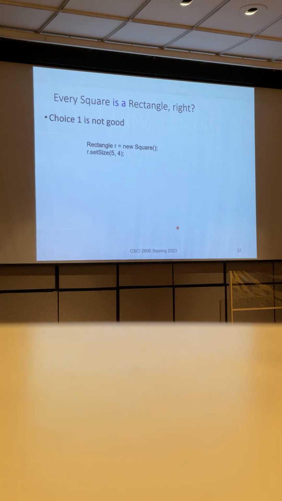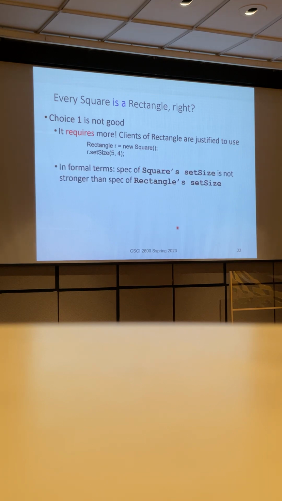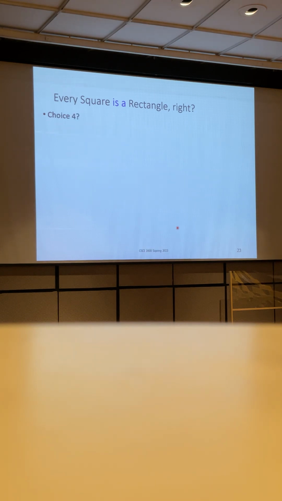Choice number 1 clearly requires more, so it's going to break clients. Set size in square does not have a stronger spec than set size in rectangle, so that's not good. Square cannot be substituted for a rectangle.